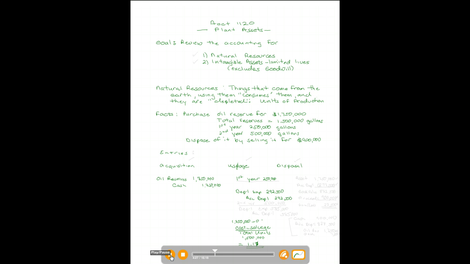The second year, we take out 500,000 gallons. If logic holds, it should be twice that, but go ahead and calculate it, and that will lead to depletion expense and accumulated depletion. There's no such thing as depreciation. Of $585,000. We'll debit that. We'll credit accumulated depletion. And so there's our first year's depletion, and our second year's depletion.